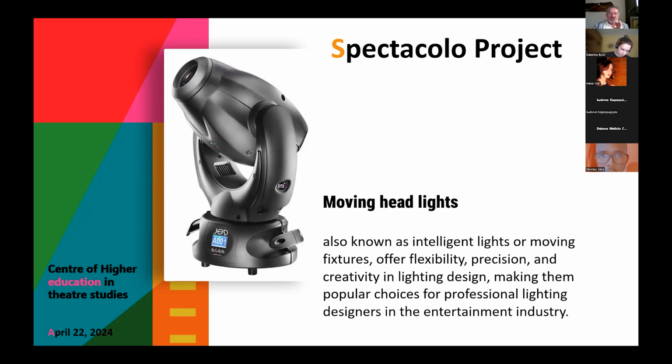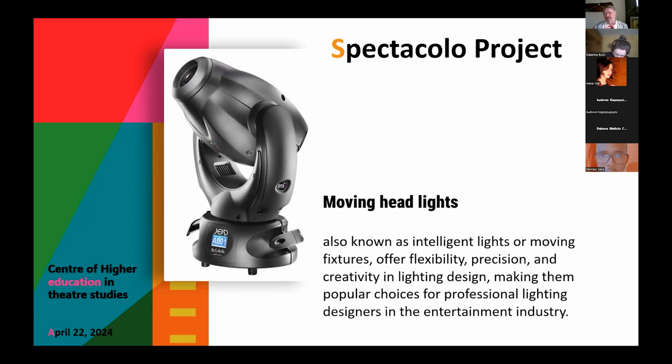The key feature of moving headlights is their ability to pan, rotate horizontally, and tilt, move vertically. And this movement is controlled by built-in motors and gears, allowing the fixtures to precisely adjust the direction of the light beam.